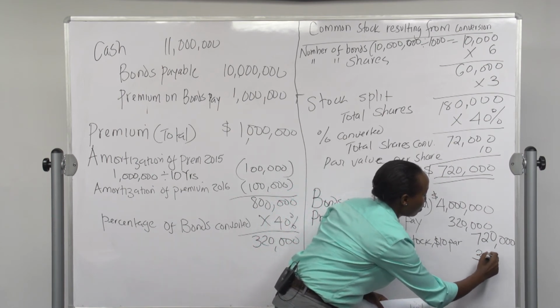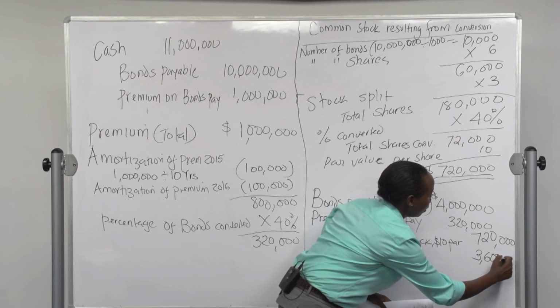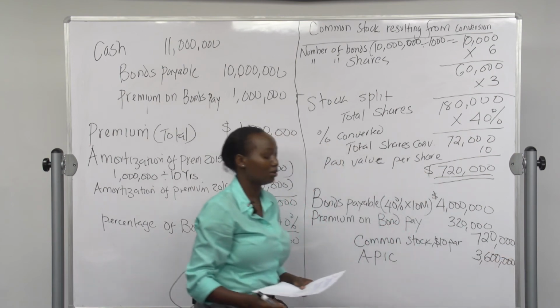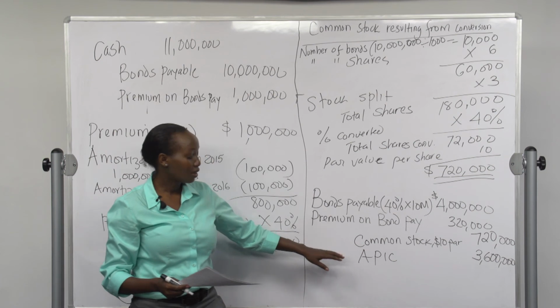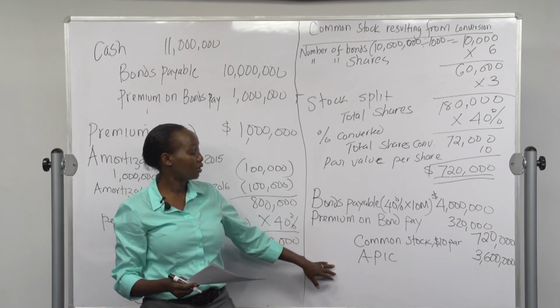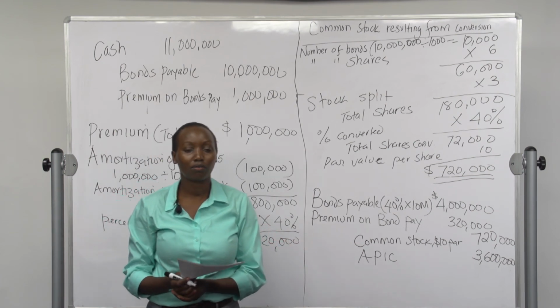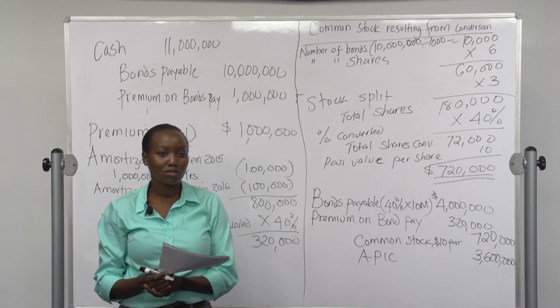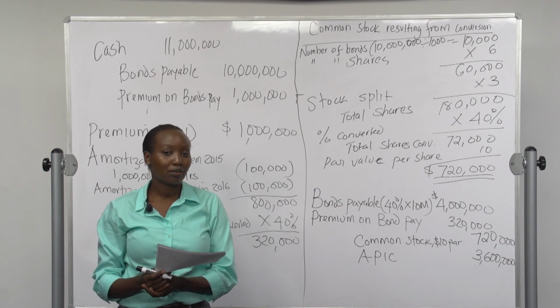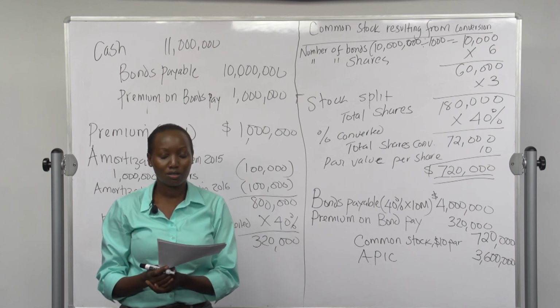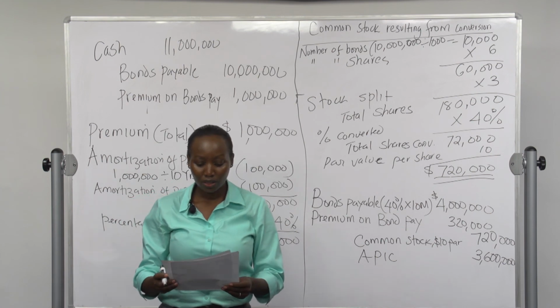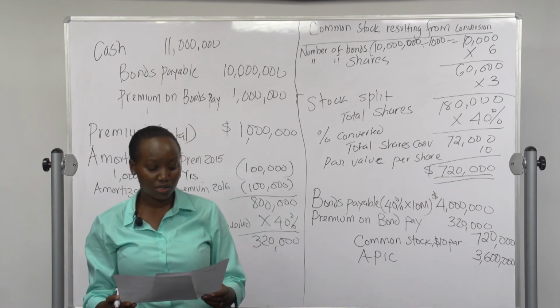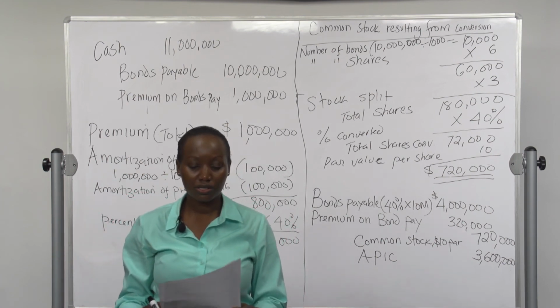Then we put a description here that this is to record the conversion of 40% of our outstanding 10% convertible debentures, which was done after the 3-for-1 stock split. So that's it. This concludes the requirements for this problem.